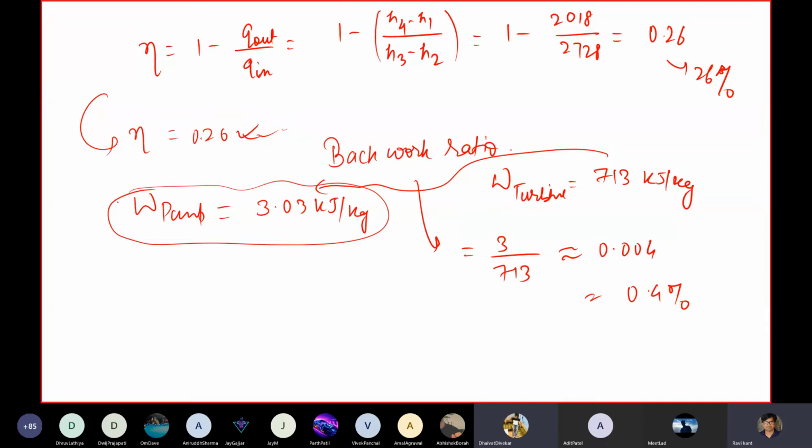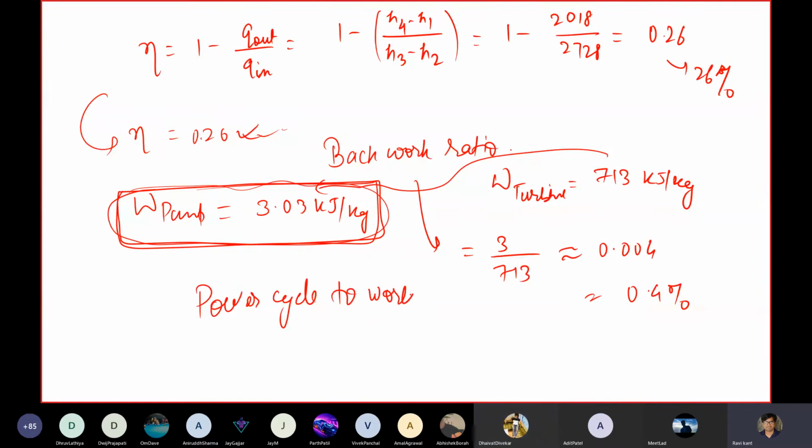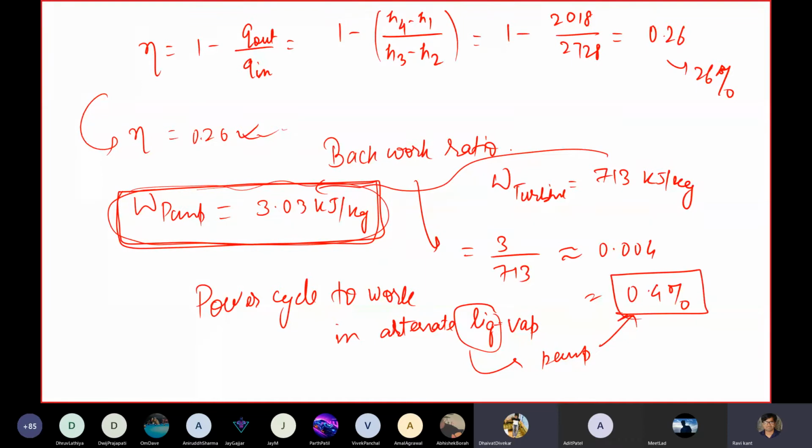That is why it is advantageous for a power cycle to work in alternate liquid and vapor modes, so that once it is in the liquid phase you can pump things, and through the pump you will see that you have a very small amount of work.